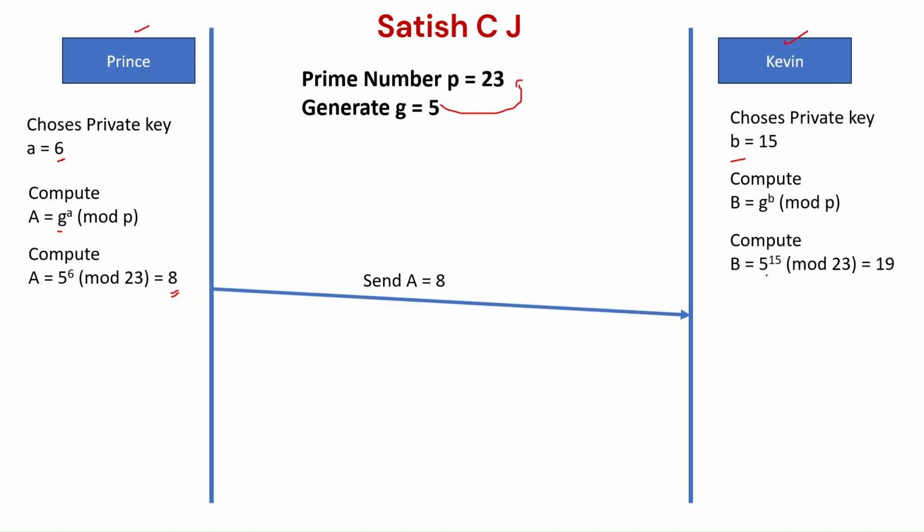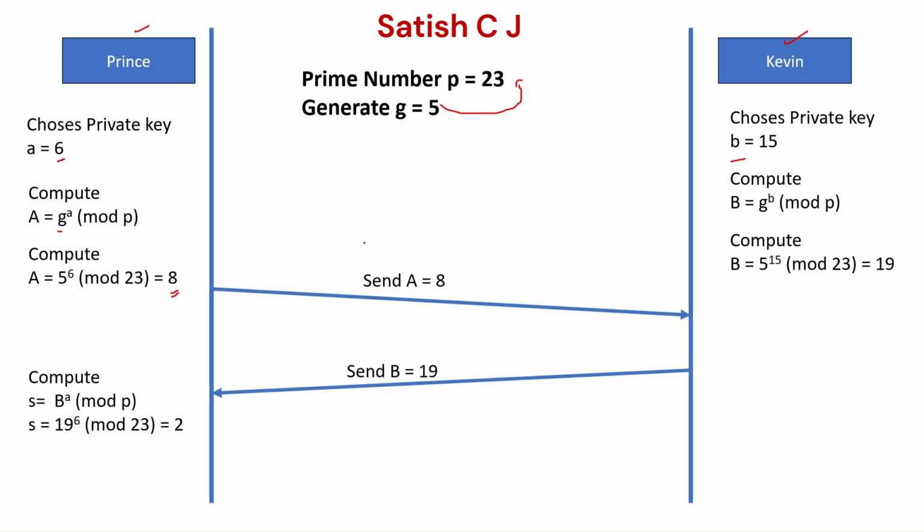The computation of B leads to the result 19, and Kevin transfers the value of B to Prince. What Prince does with the value of B that he has received from Kevin is he computes the shared secret key S to be B, that is 19, power a, that is 6, mod P, P is 23. So he gets the shared secret key value to be 2.